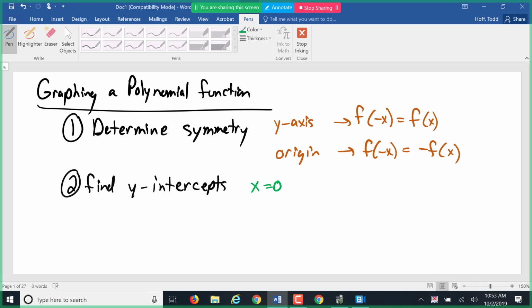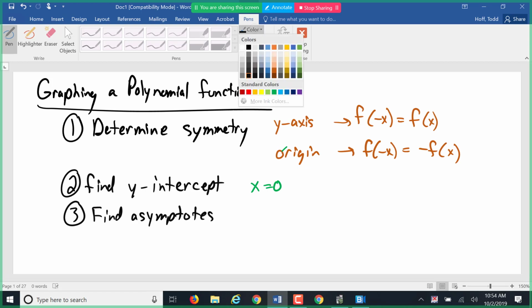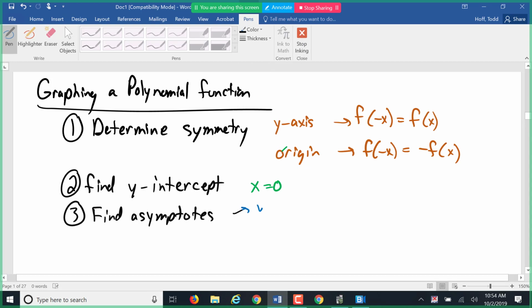If there's more than one, it's not a function. Third step, find any asymptotes, using what we just did, both vertical and horizontal.